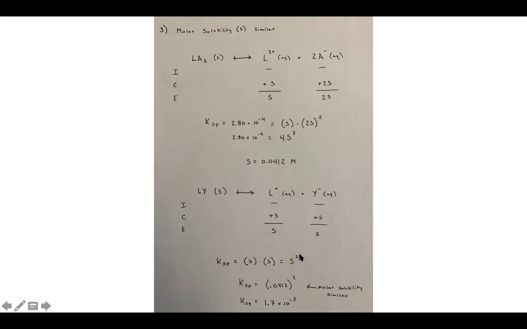Now we're told the molar solubility of these two solids were similar, so we're going to assume here that they're the same. We're going to use the S that we solved for at the top from the first compound and plug it in for S in this bottom compound. So our Ksp is going to be equal to 0.0412 squared, which is 1.7 times 10 to the negative third.